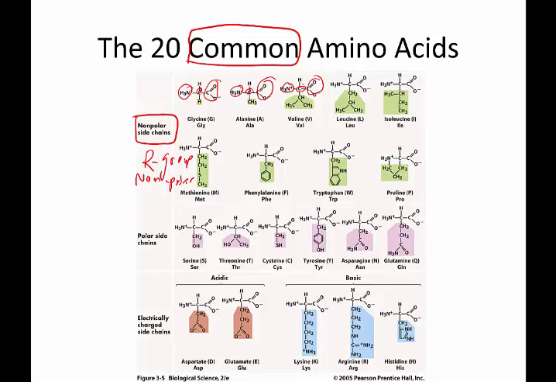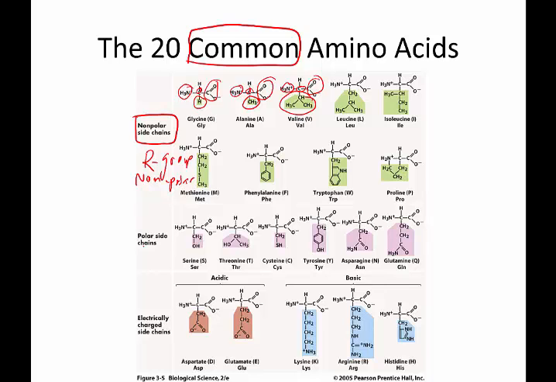And that is in green in this picture right here. For something like glycine, the R group is just a hydrogen. For something like alanine, it's a methyl group. Valine, you have this configuration right here, and so on and so on. But all of these amino acids that are in green have 9 nonpolar side chains.